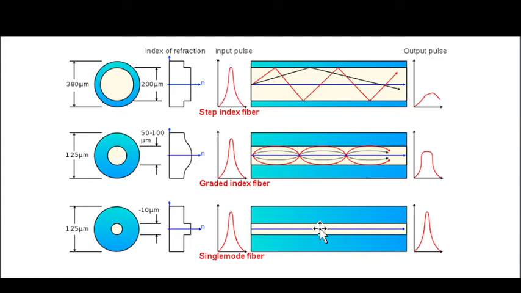Now the first one is the step index fiber. So in step index you can see the index of refraction. Now this is what we can say is the clad, the blue portion, and the center one is the core.